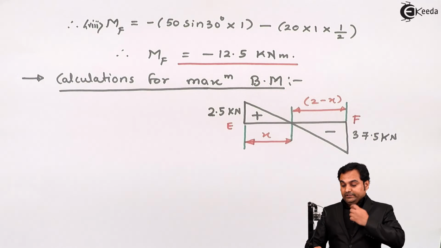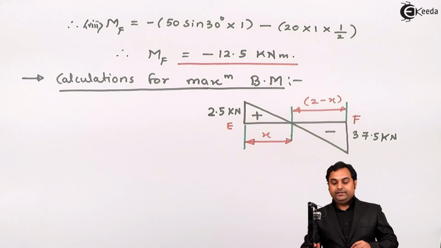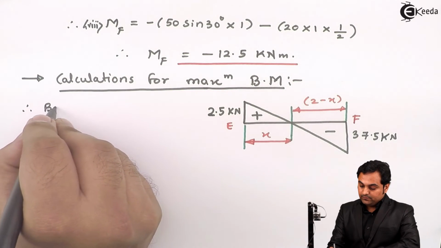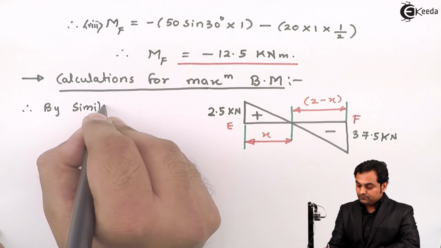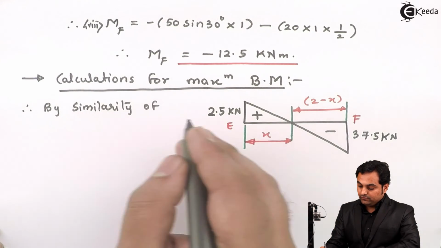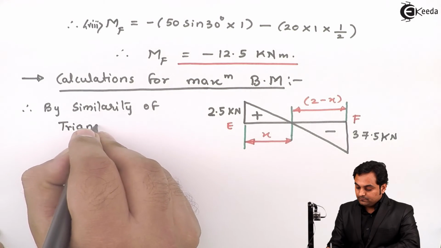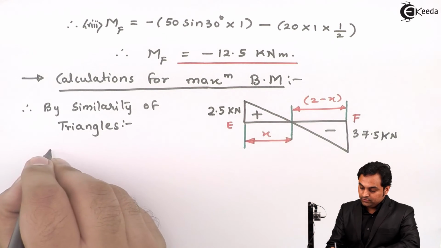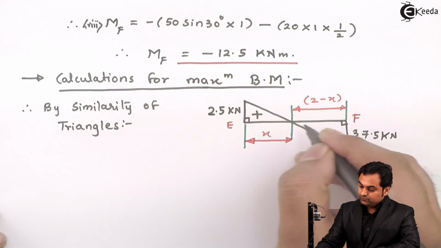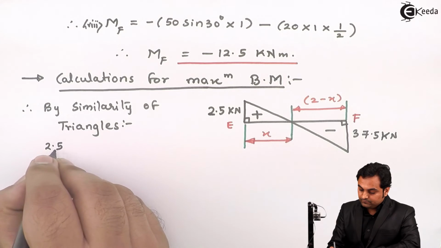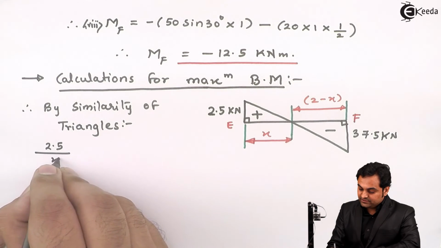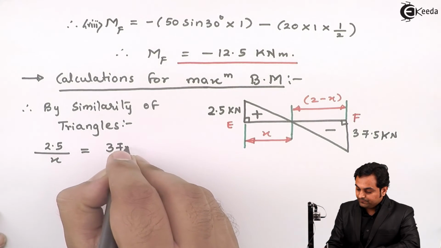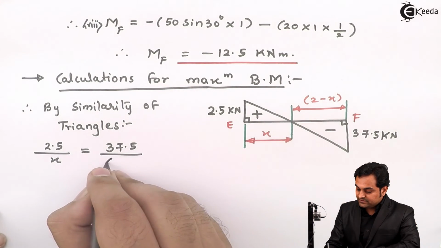So we will be calculating the distance x with respect to point E. So here I'll write down, therefore by similarity of triangles, I am considering this triangle, so its height is 2.5 divided by its base, which is x, and here the height of this triangle is 37.5. Its base is 2 minus x.